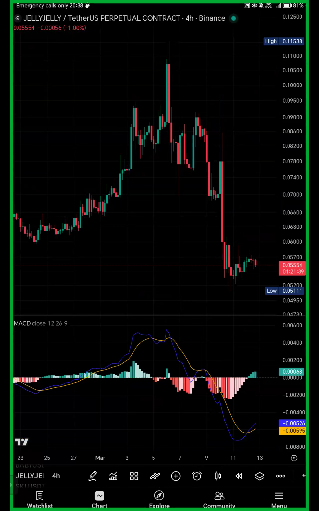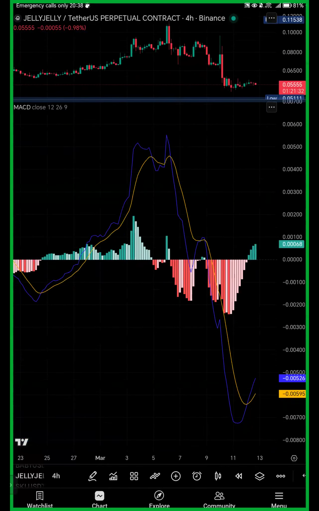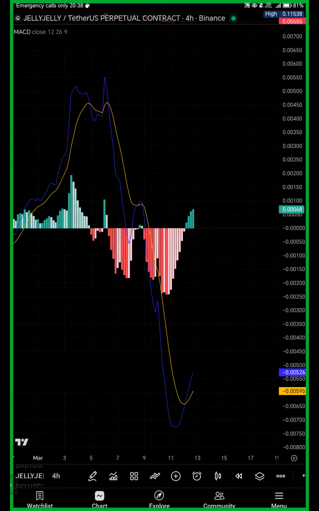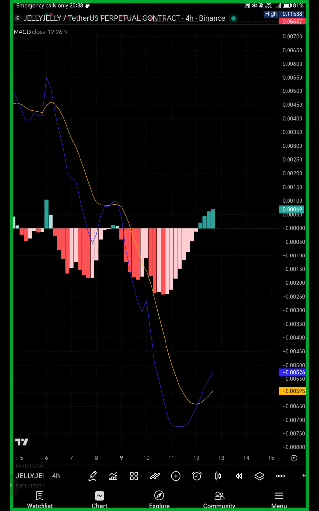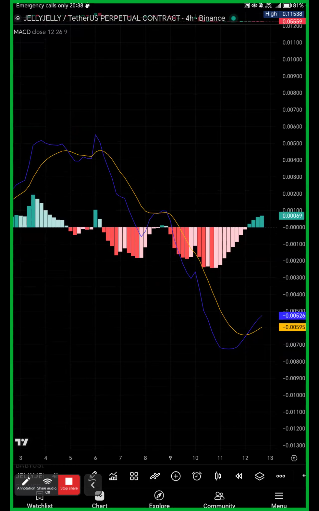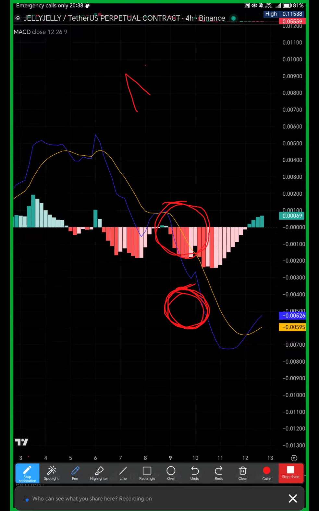So, ladies and gentlemen, this is the MACD indicator. I hope it is visible on your side. It is called MACD, so it is an abbreviation. The M stands for moving.